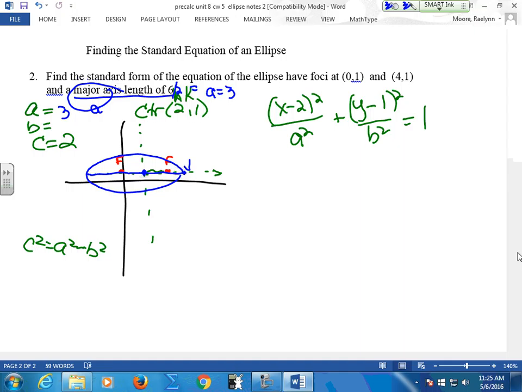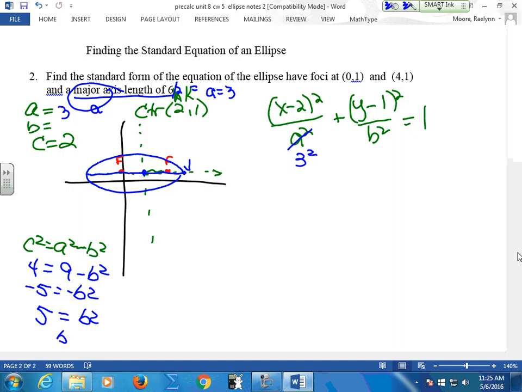Now I just got to find my B. So C squared equals 4 equals 9 minus B squared. Good. Subtract the 9. So what is B squared equal to? Do I need B? Or can I just keep B squared? Isn't that equation asking me for B squared? Because this is what happens.